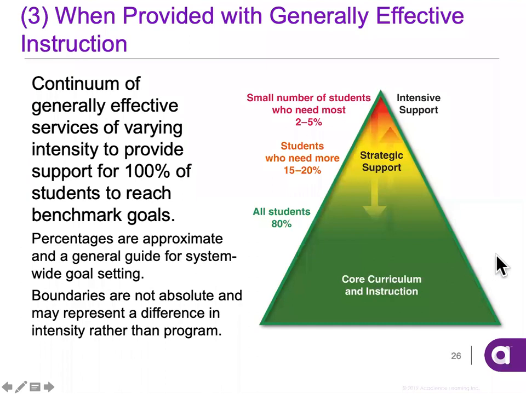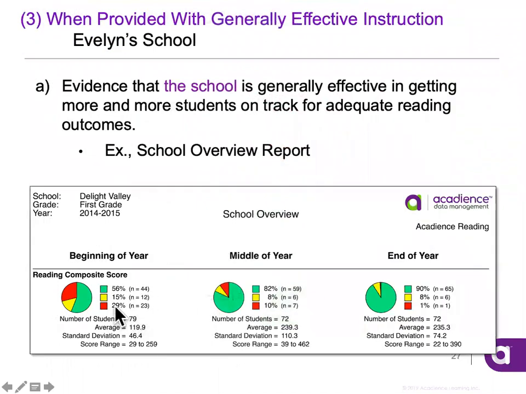That's what MTSS is designed to do. Get a picture, and you could do this from your middle of year screening data this past school year, or if you quickly collect it at the beginning of next school year, get a picture of the needs of the grade level and start to approach that scenario systemically, not student by student only.